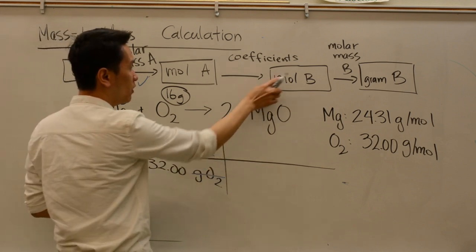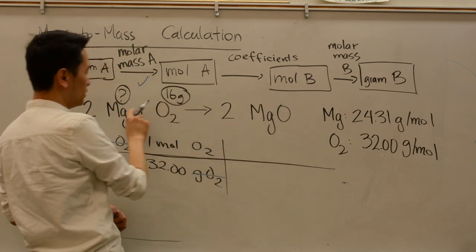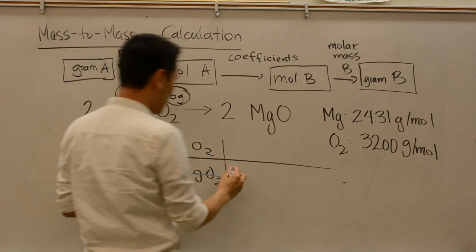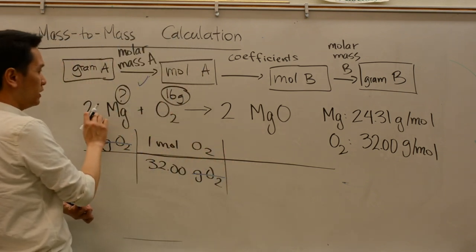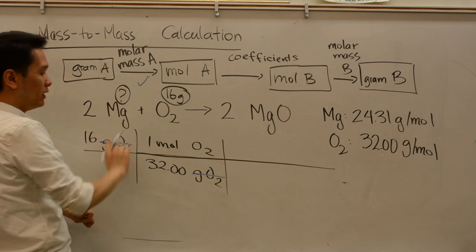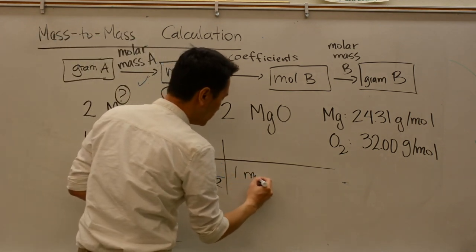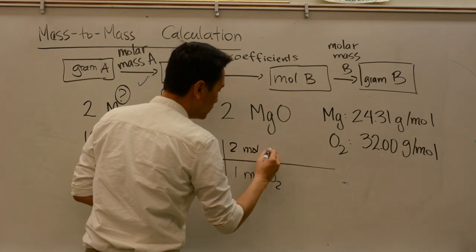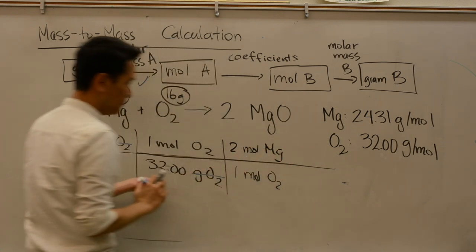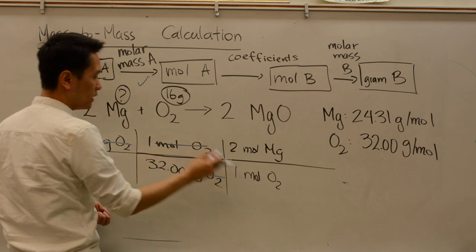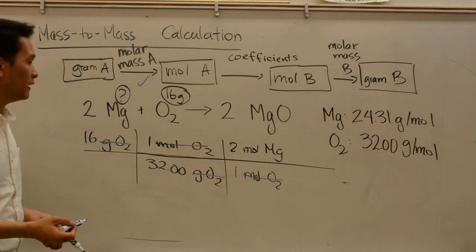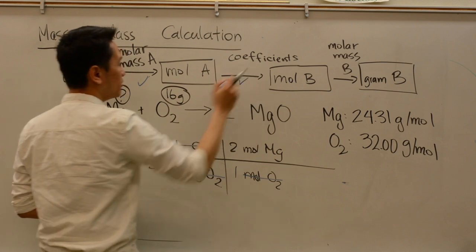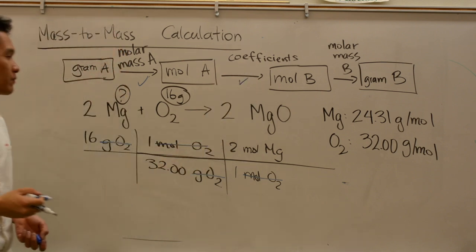We need to go then to moles of B, in this case moles of magnesium. Using our coefficients, the relationship is 2 to 1. So for every 1 mole of oxygen, we need 2 moles of magnesium. Moles of oxygen goes away, telling us that we have done that step successfully.